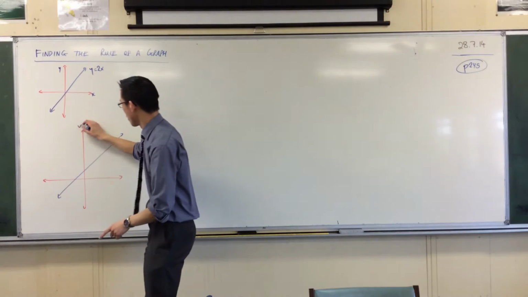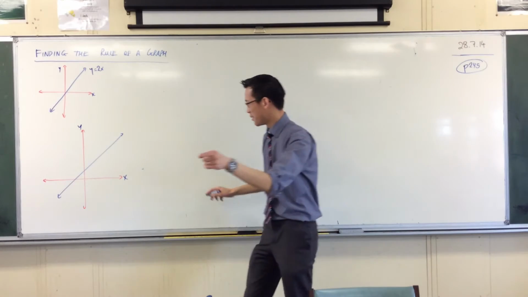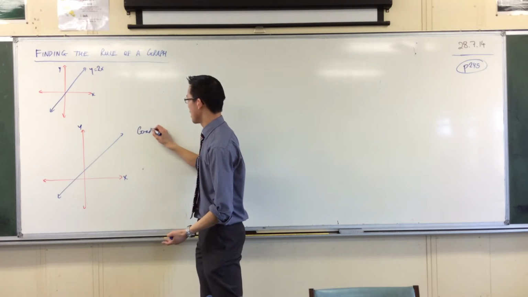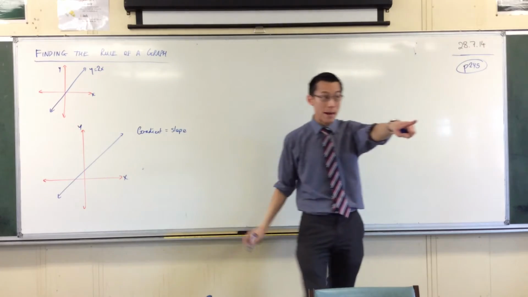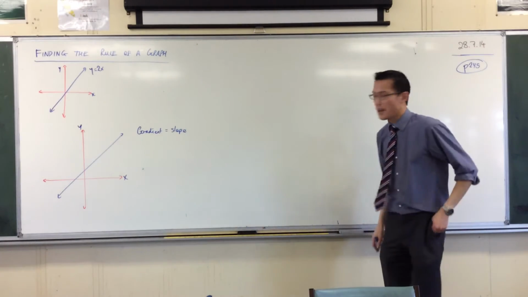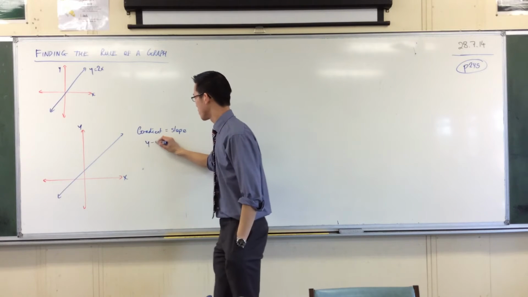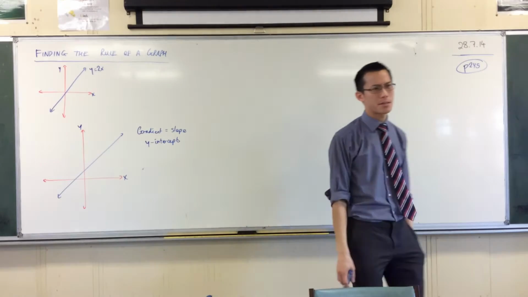Gradient, good. And Y-intercept. Thank you. So gradient was about the slope. In fact, another word for gradient is slope. Now we'll talk about how to work it out in a second. We will get there. The other thing was the Y-intercept.